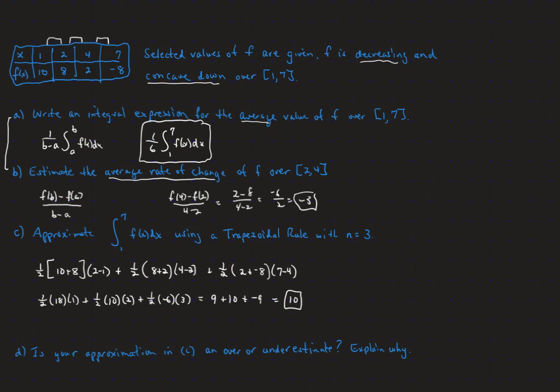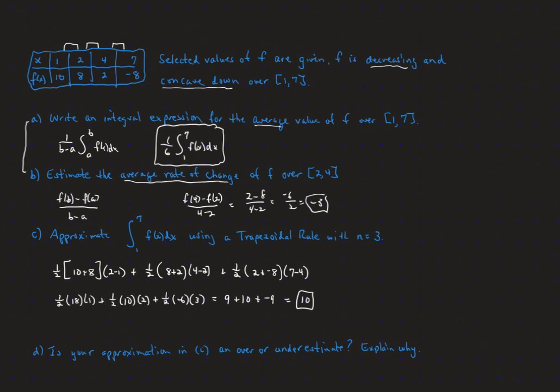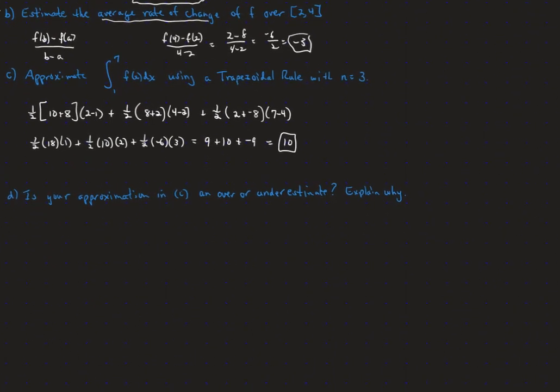Now, is our approximation in part C an over or underestimate? So here's the reason we said in the beginning that this was concave down. If you can imagine, this thing is concave down, and we're approximating the area under the curve using trapezoids.